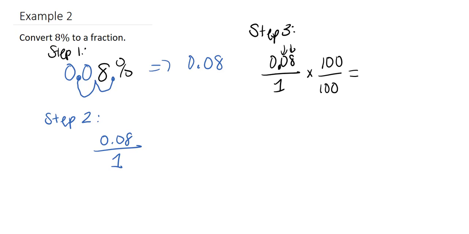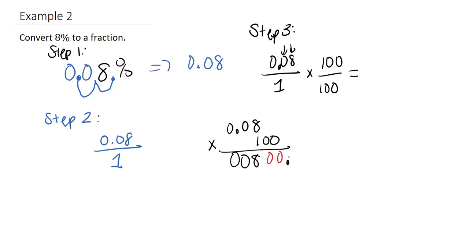And then we have 0.08. We'll multiply it by 100. Well, we get these 2 zeros right below. So we're doing our trick. 1 times 8 is 8. 1 times 0 is 0. 1 times 0 is 0.